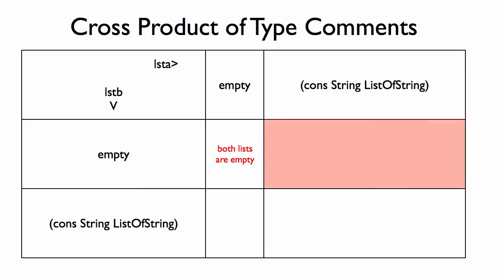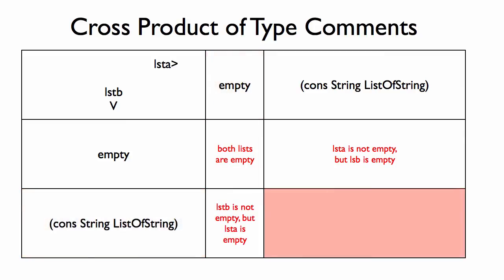In this box, list A is not empty because list A is cons string list of string, but list B is empty because list B says empty. This box is the box where list B is not empty. Right here, list B is not empty, but list A is empty. And this is the box where both lists are non-empty because both of them are cons string list of string.